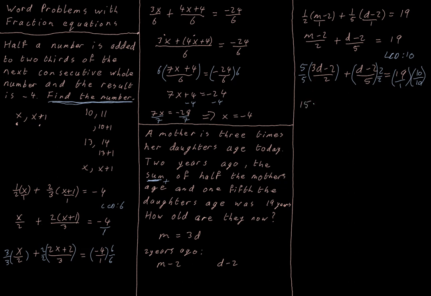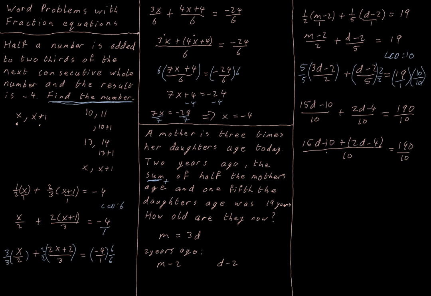so I end up with 15D minus 10 all over 10 plus 2D minus 4 all over 10 is equal to 190 all over 10. I now have everything over 10, so I can start to add things up. So I have 15D minus 10 plus all of my second fraction all over 10 is equal to 190 all over 10.